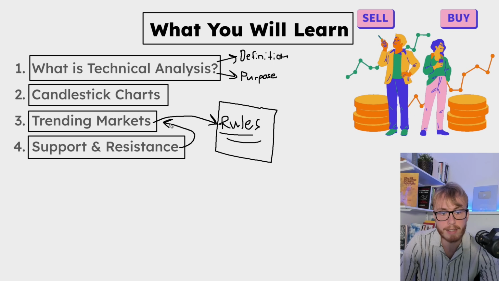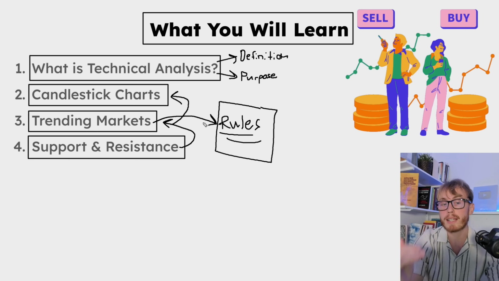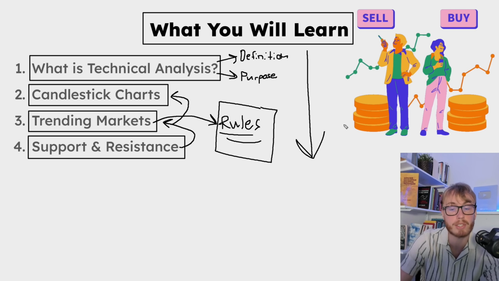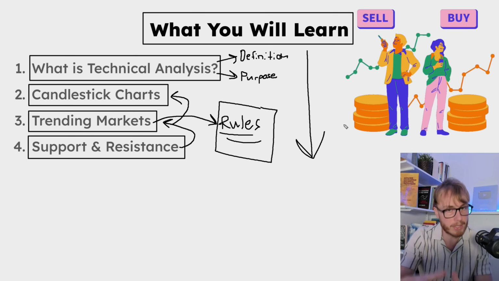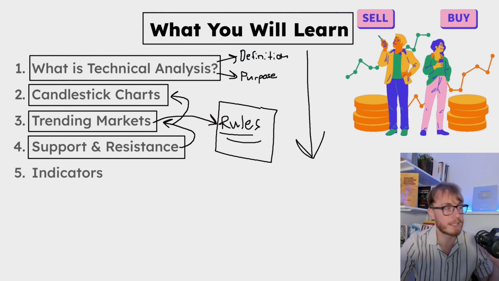And in order to understand trending markets, we need to have a solid understanding of candlestick charts. So all of the chapters in this course will build upon the previous chapters. So that is why I highly recommend to actually watch this course in order, because I have built this course in a step-by-step manner.